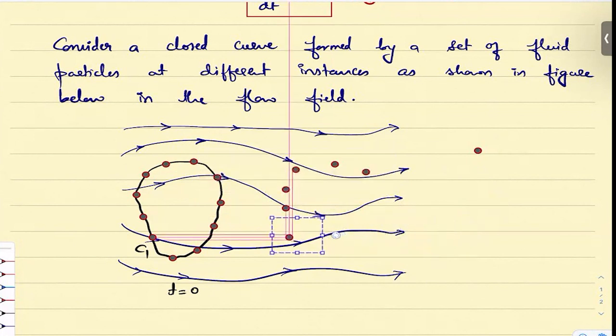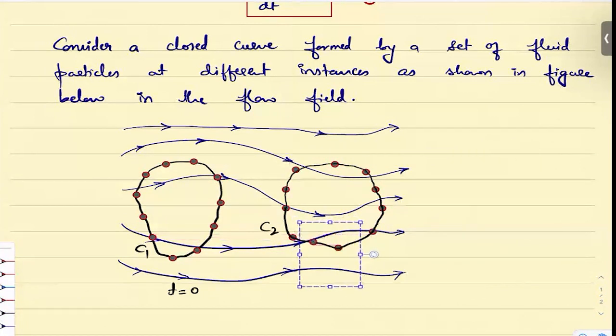That is what is important, so that the mass inside will remain the same. If I draw the locus of all these points, I get a new curve. Let this curve be named C2. So the particles occupied this position at time t greater than 0.